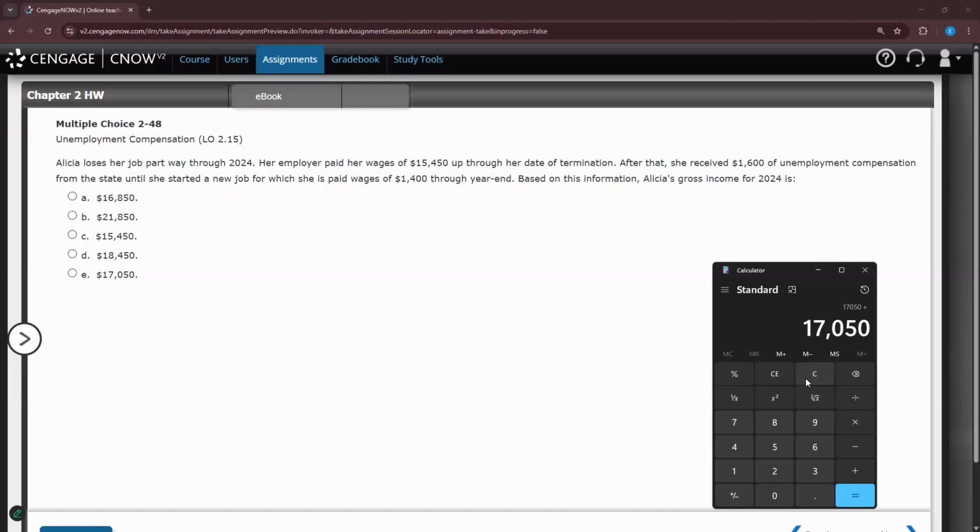There was maybe 2021 and 2022 where there was a special provision during COVID, where a lot of people lost their job. At the federal level, they excluded up to $10,200 of unemployment income. Certain states conformed to what the federal level was doing. I'm from New York.